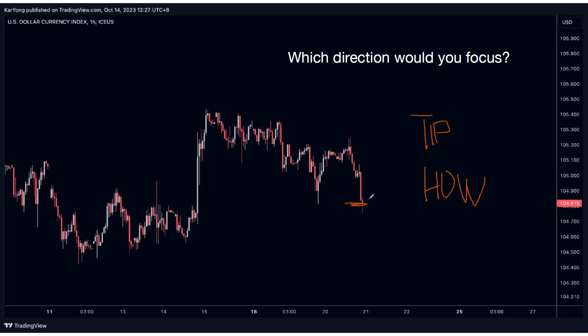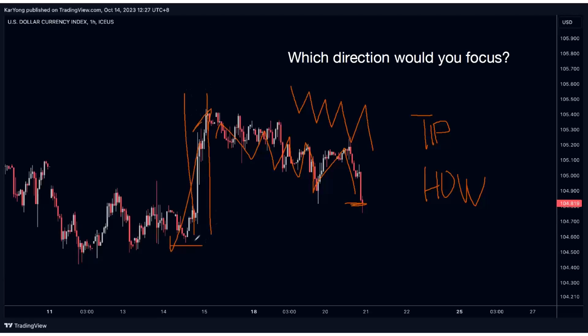Imagine this is where we are right now. You ask yourself, this entire development of price, how is it developing, fast or slow? You start to realize it's actually pretty overlappy. You have red candles, white candles, red candle, white candle. Prior to this, we have a very clear move to the upside. It takes a very short time, and the momentum is strong compared to this.